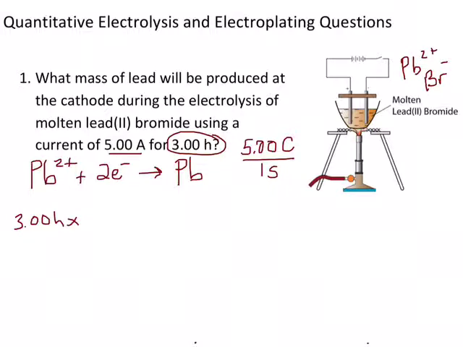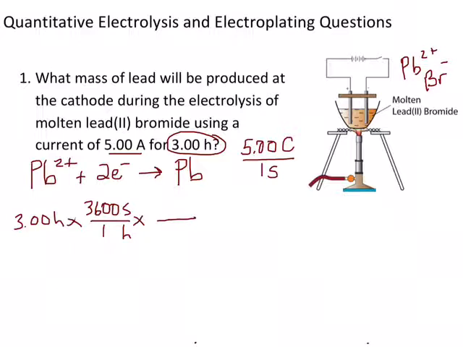If you don't remember that there's 3,600 seconds in an hour, then first convert it to minutes, then convert it to seconds. I'm going to just convert directly from hours to seconds. So converting the hours directly to seconds, 1 hour has 3,600 seconds.